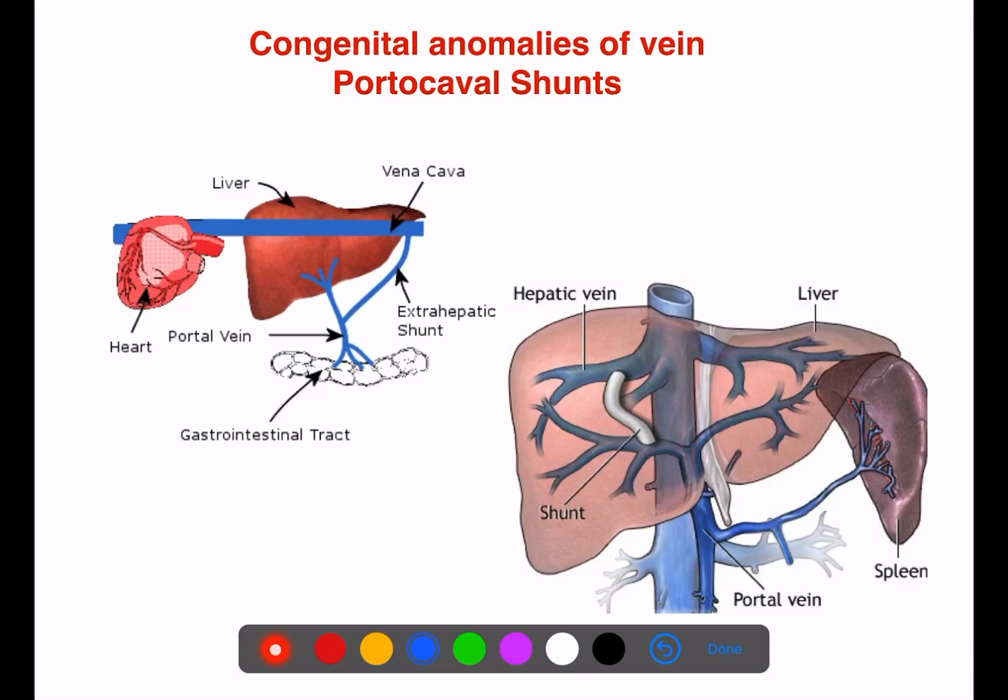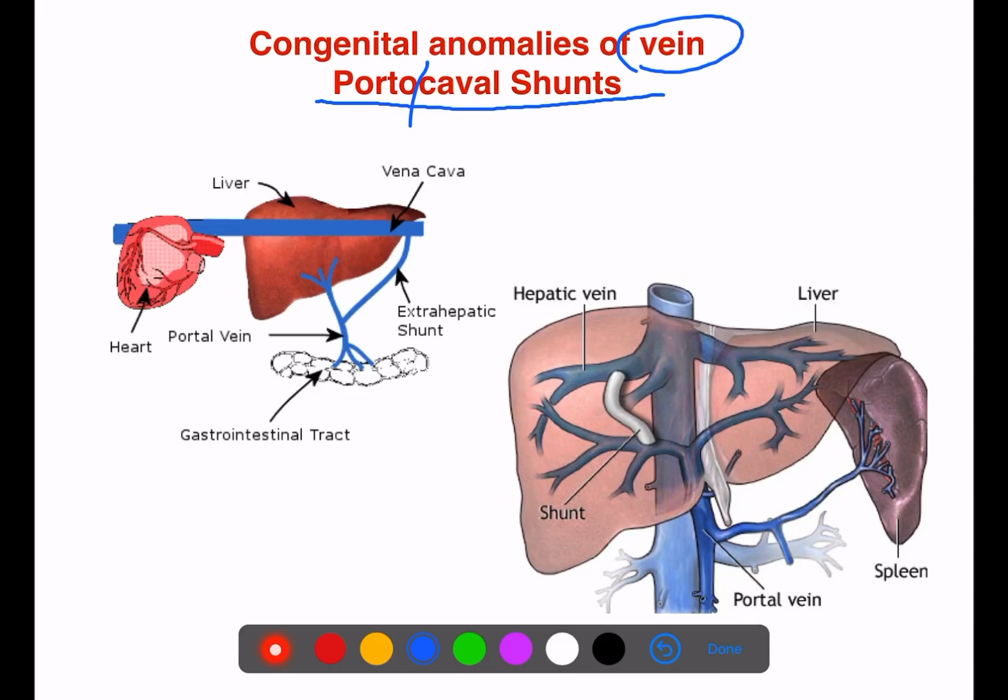We will now talk about the vein. We will start also with congenital anomalies that may happen with vein. The most important congenital anomaly is called portocaval shunt.